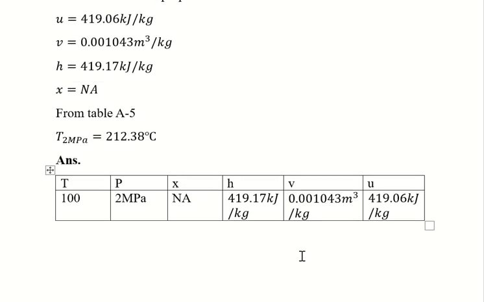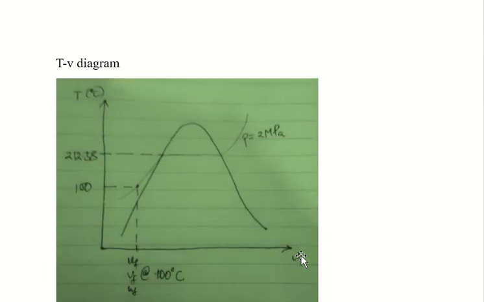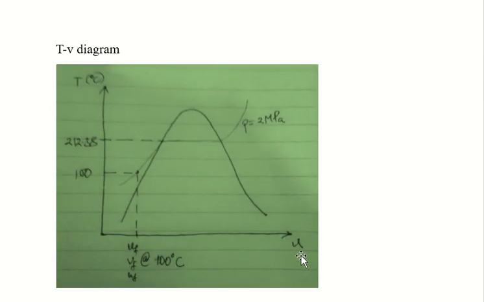So did I draw the TV diagram? Actually, it's not required, but you will understand it better on a diagram. Let me do the explanation. So what do we have here? We've been given properties of water at 100 degrees Celsius and a pressure of 2 megapascals.